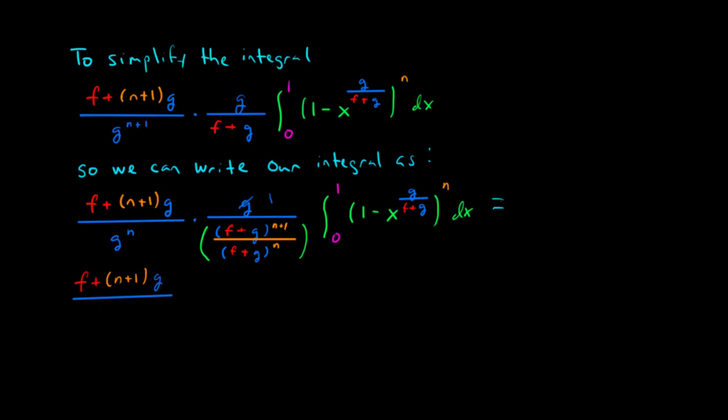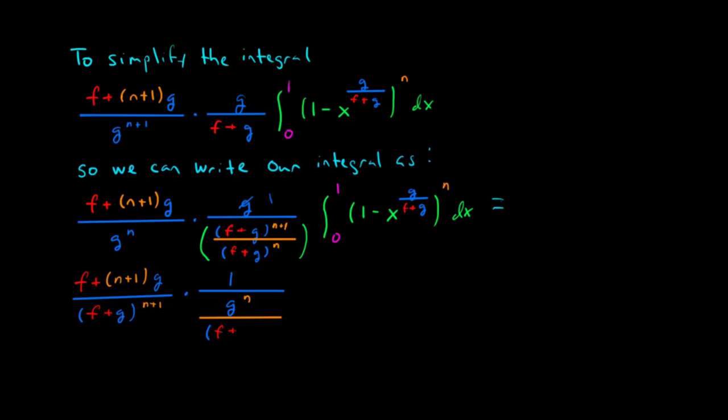And now what I'm going to do is take that (f plus g) to the n plus 1 in that second term, and I'm just going to switch it around. I'm going to put it in the denominator there, just taking advantage of the fact that multiplication is, of course, commutative. So then my g to the n will be here. I've just switched those two terms, I've just switched their order for convenience.